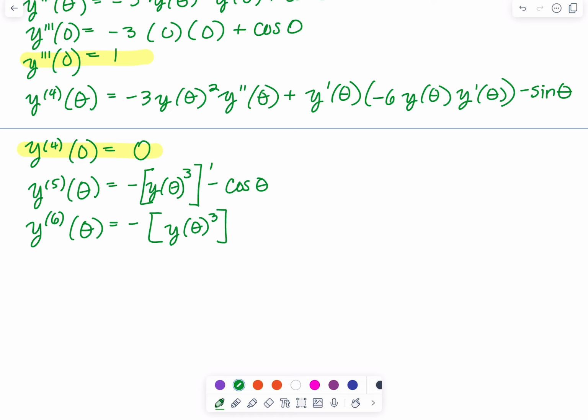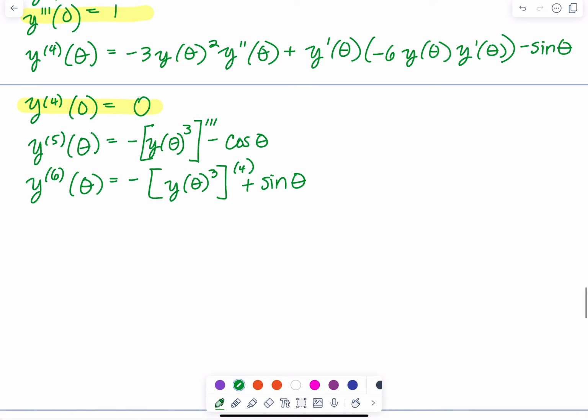Actually, this was supposed to be the third derivative, and this will be the fourth derivative plus the sine of theta. We'll follow along with that pattern.